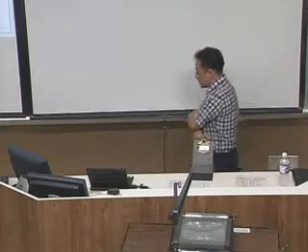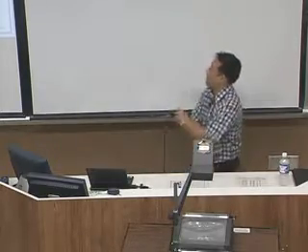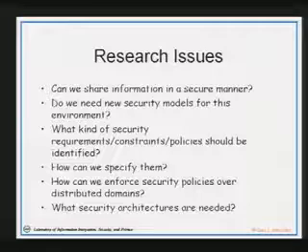Okay, then in that role-based delegation and interoperable access management part, what kind of research issues can we identify? First, I already mentioned the first bullet. Can we share information in a secure manner? That is the big question. And you may have another question. Do we need new security models for this environment? And what kind of security requirements, constraints or policies should be identified?